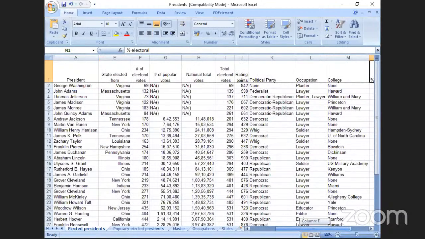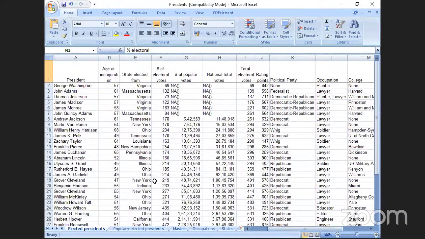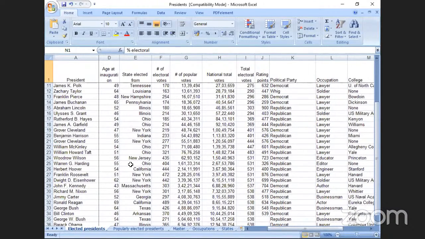So this is how the data is available in the US president data set.